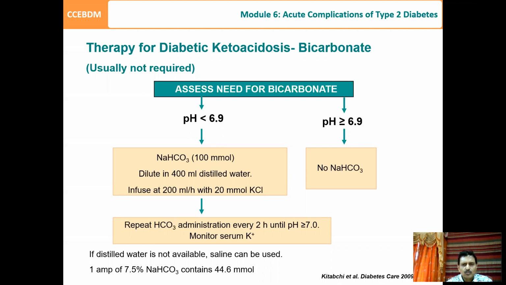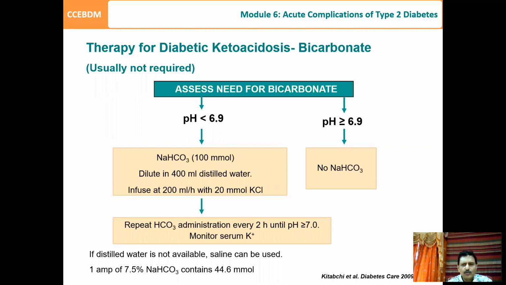So I must tell you that I am not interested in giving bicarbonate. Don't treat a diabetic ketoacidosis patient with bicarbonate therapy unless it is a dire necessity.